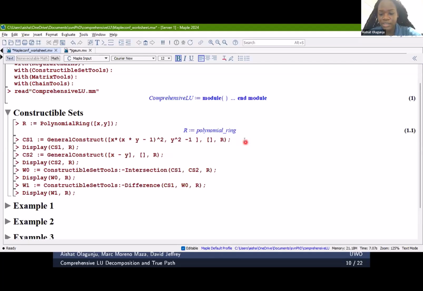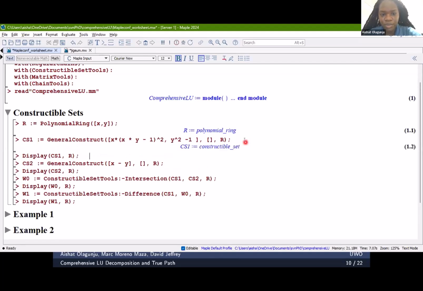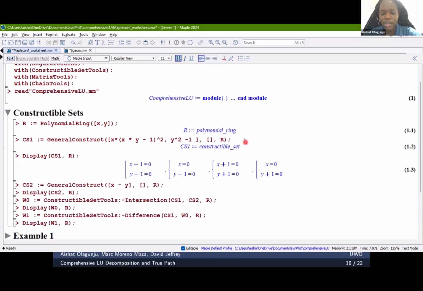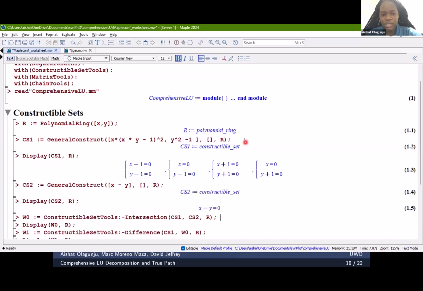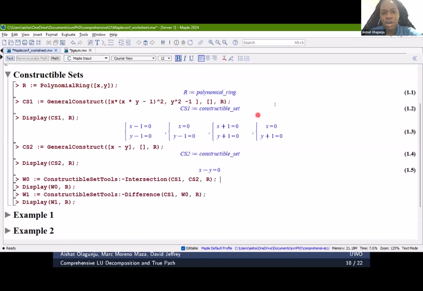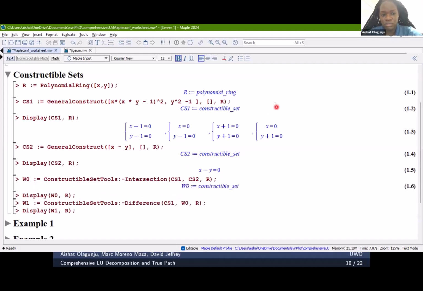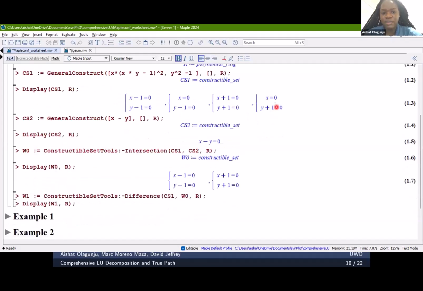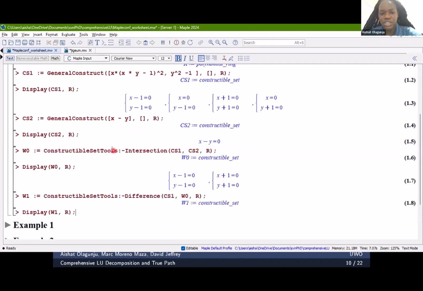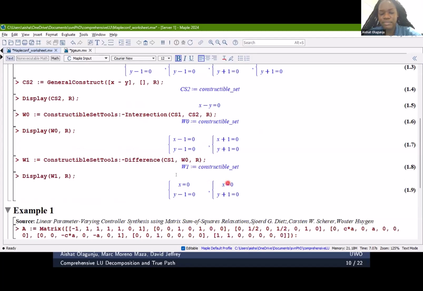We have multiplied that with x. So you compute that and it returns constructible sets. To view what is in that constructible set, you use the Display command and you have this. And we construct our P also to be this. To find the common zeros, you use Intersection and you have this. So P vanishes at this point and P doesn't vanish at this point.